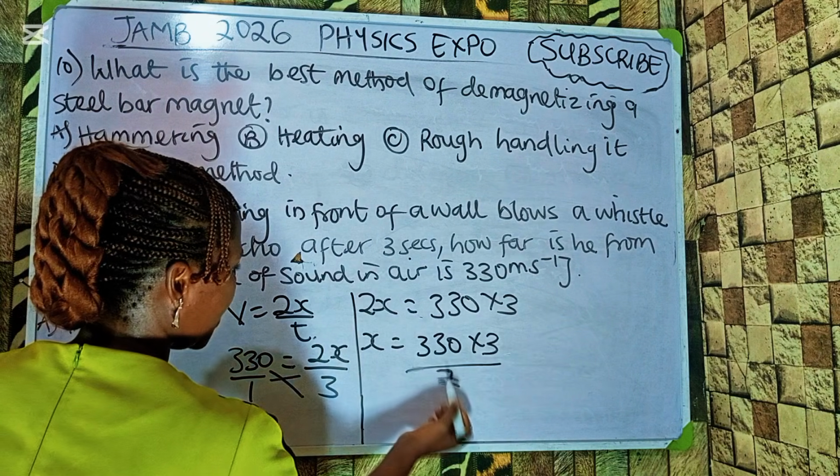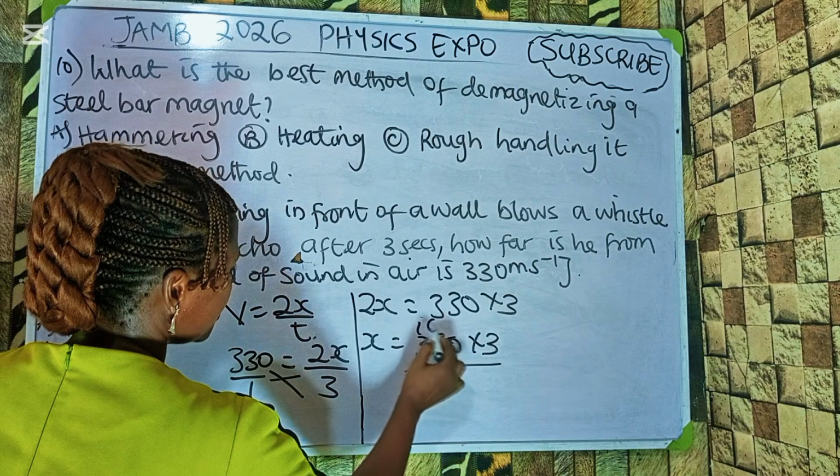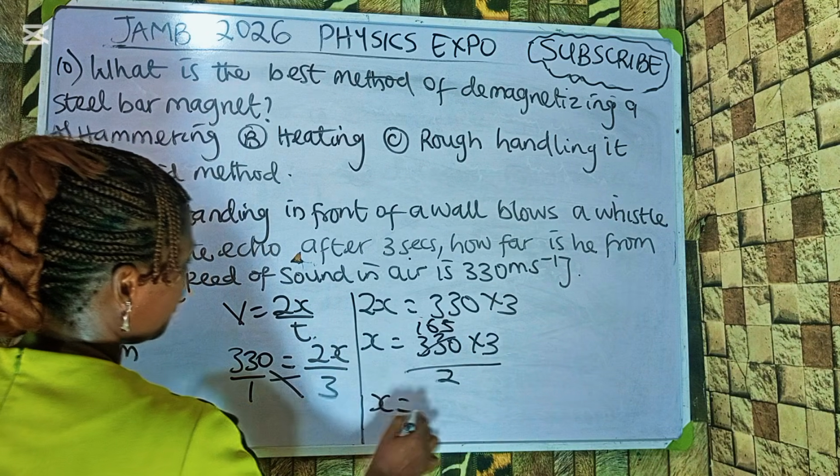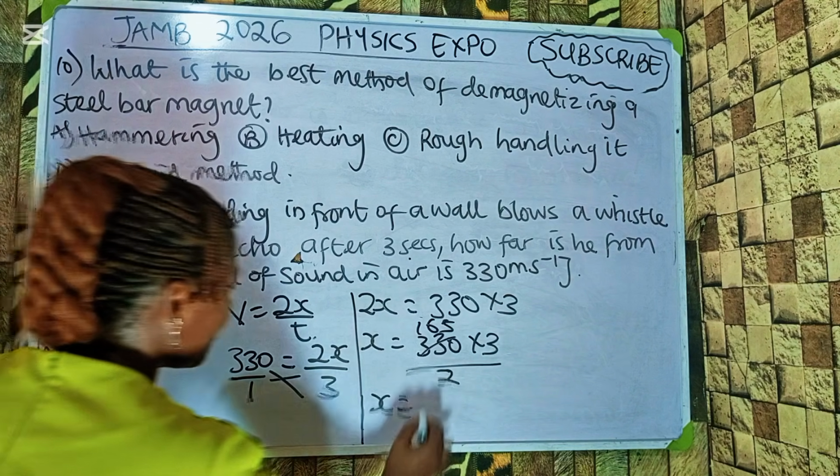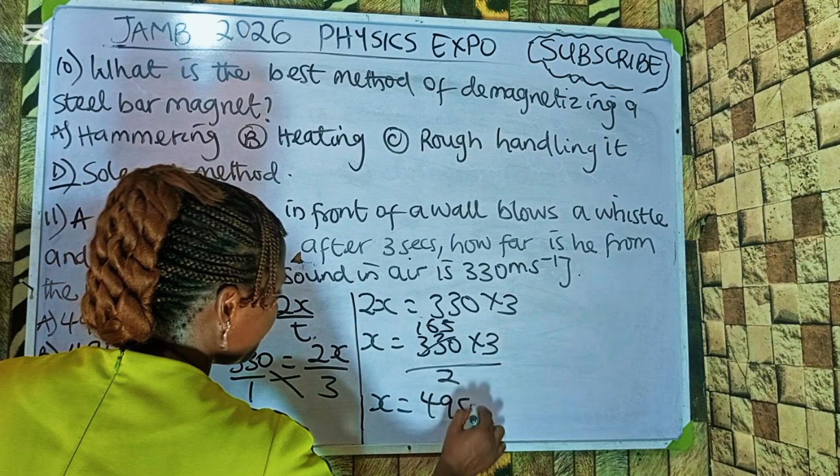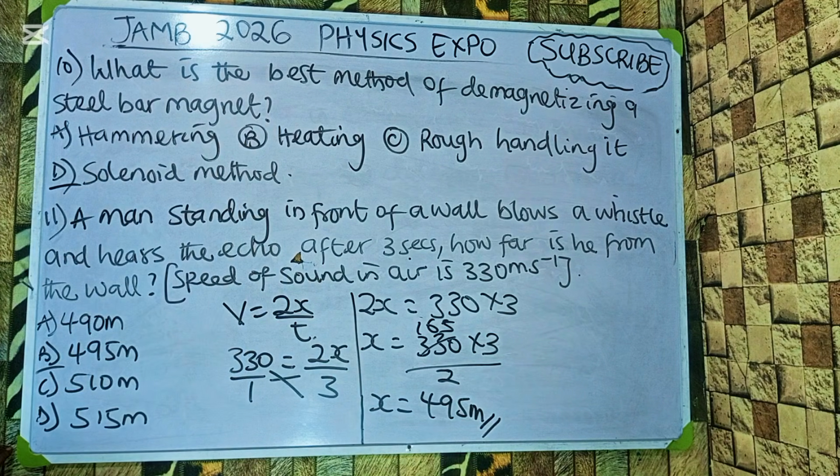Alright, so if 330 divided by 2, it's going to give me 165, right? By the time I multiply by 3, I'm going to have 495 meters, right? Now, this is how to solve this type of question. You must understand that for echo, the distance traveled is twice, so you must not forget. Now, from what we've done so far, the correct option to the question is option B.